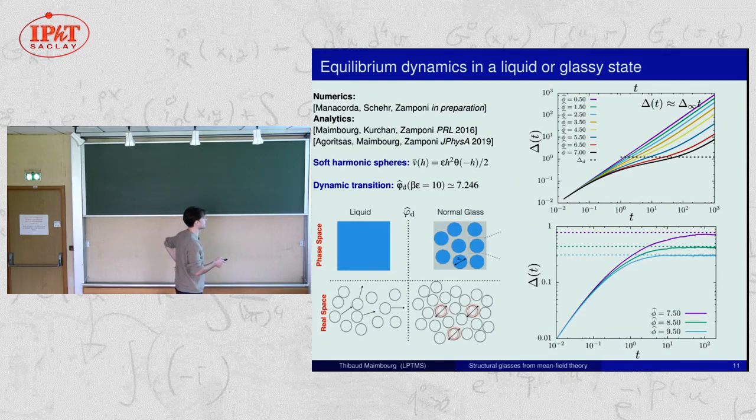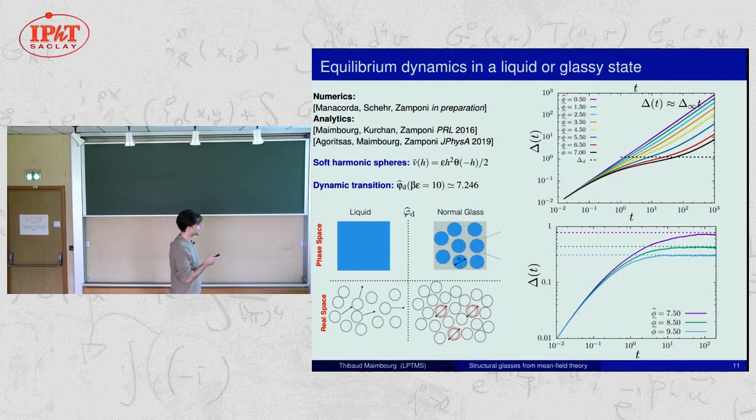And what this means is that, so there is a postdoc actually at École Normale, Alessandro Manacorda, who is solving numerically the equation. So I can show you some plots so to show you what this means. Basically, if you consider a potential that is a soft harmonic sphere potential, so this means a harmonic repulsion between the spheres that overlap, and if they don't overlap, they don't interact. You can compute that this dynamical transition happens at a density which is 7.2.